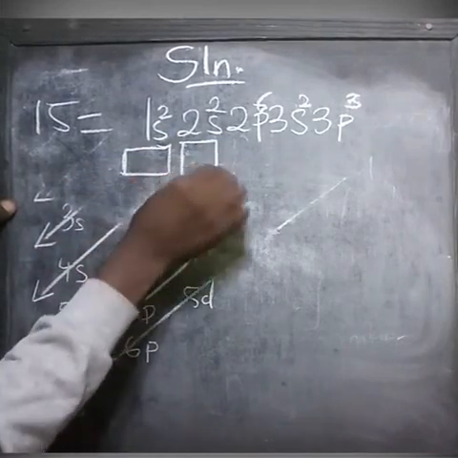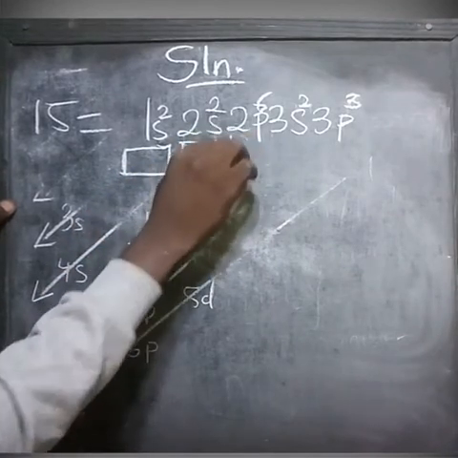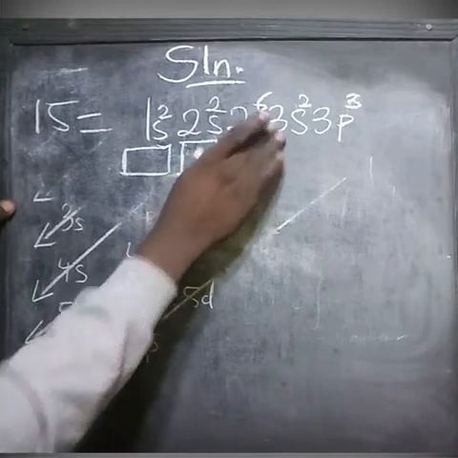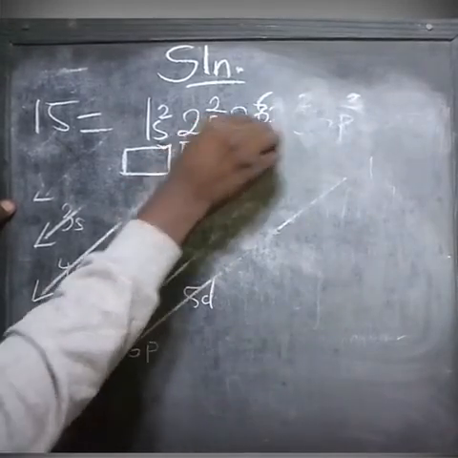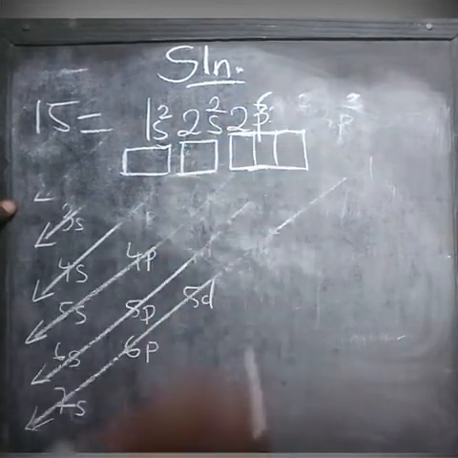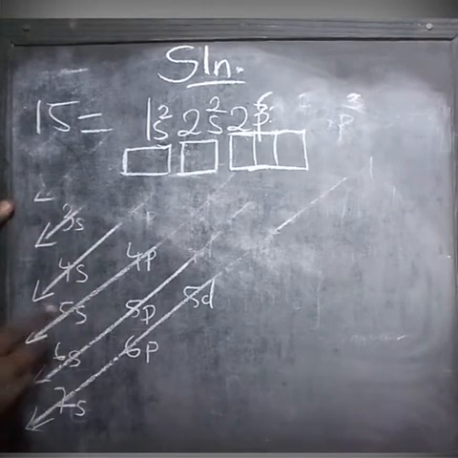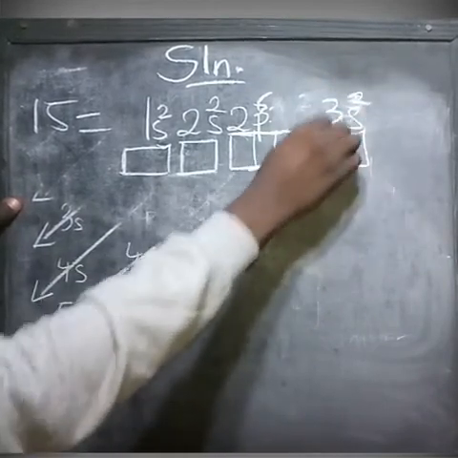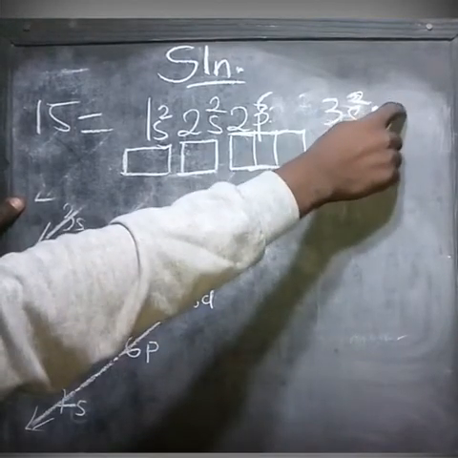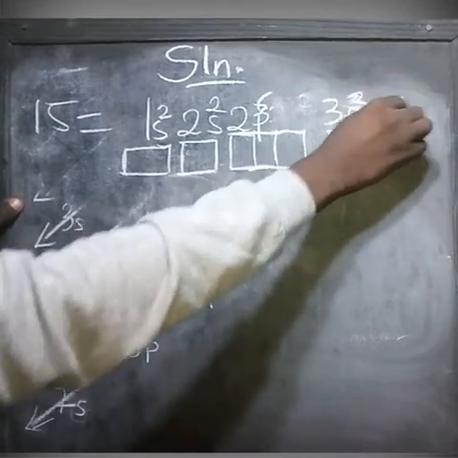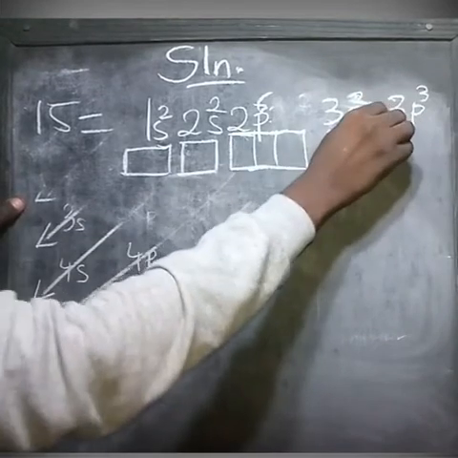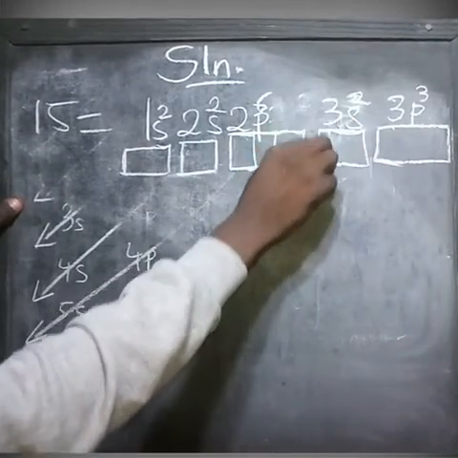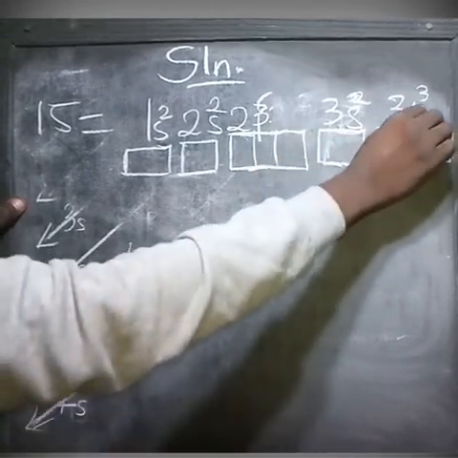S is having one degenerate orbital at all times. But P is having 3 degenerate orbitals. So from 2p, it's having 3 degenerate orbitals, then 3s, s is having only 1, then 3p again, where the p degenerate orbital is having 3 shells. This is the p degenerate orbital.